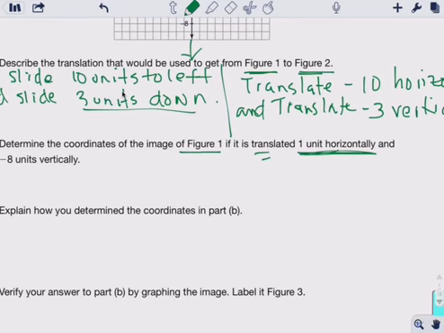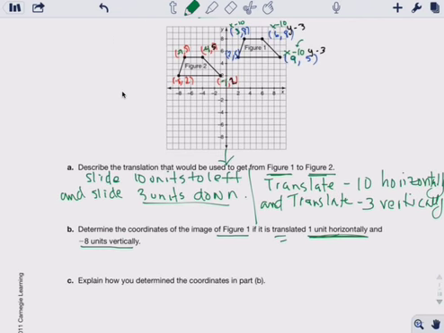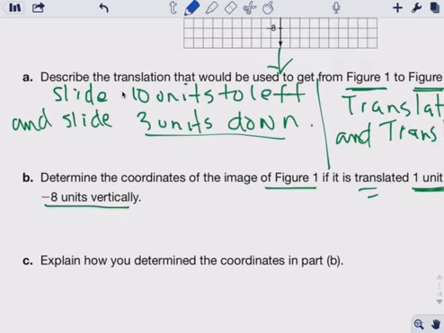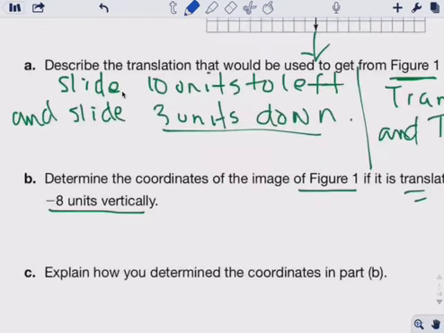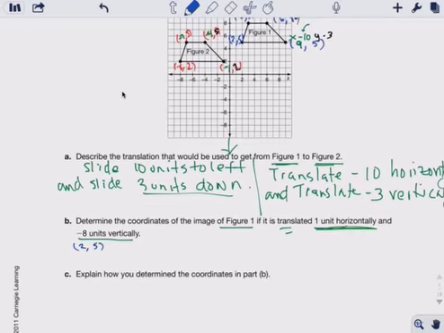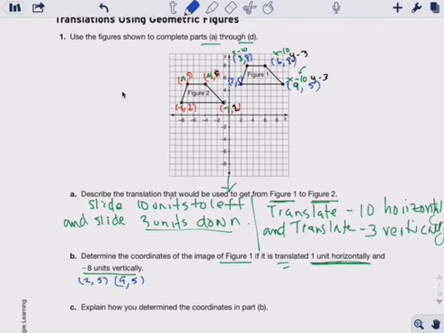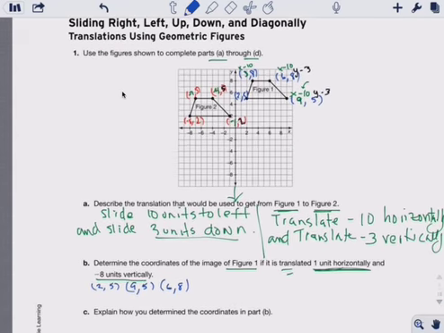So figure 1, translate 1 unit horizontally and negative 8 units vertically. Let's look at figure 1 in ordered pairs. I need to write the ordered pairs down. The pre-image figure is 2, 5; 9, 5; 6, 8; and 3, 8.